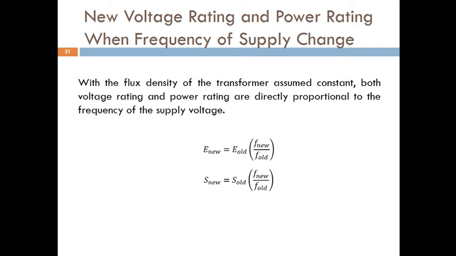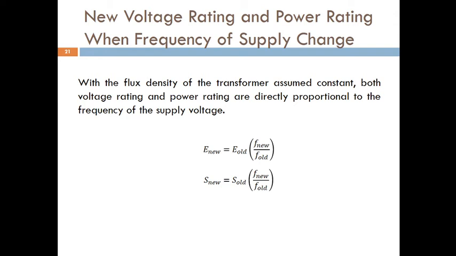Now, what if that transformer is connected to 50 Hertz? What will happen? This is our topic. With the flux density of the transformer assumed constant, both voltage rating and power rating are directly proportional to the frequency of the supply voltage.